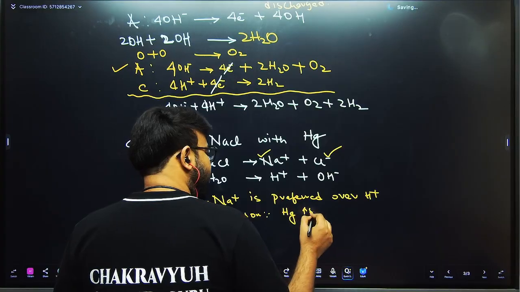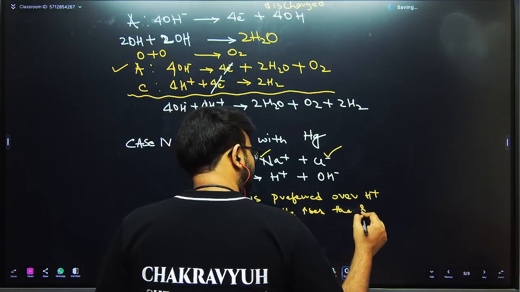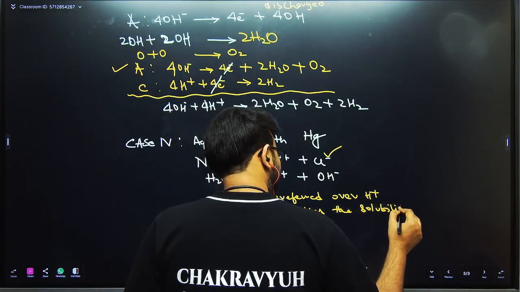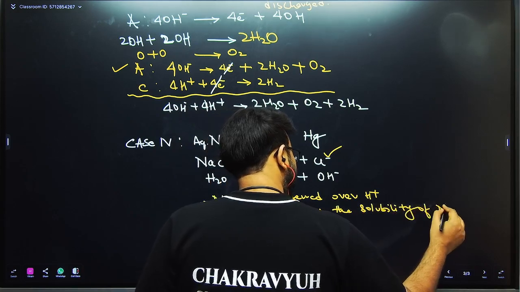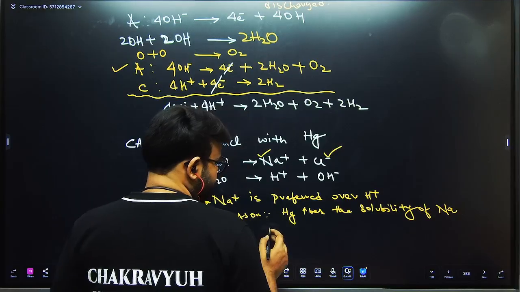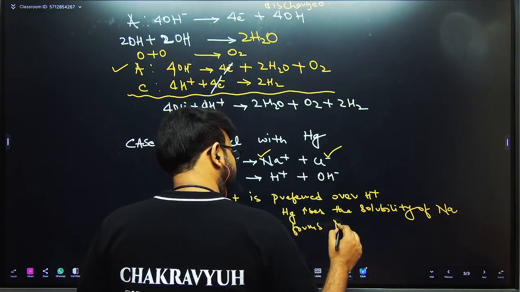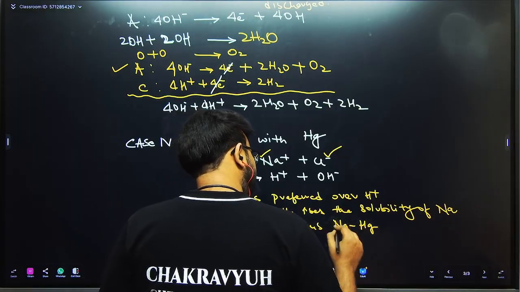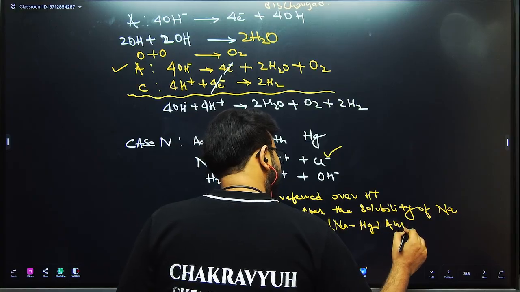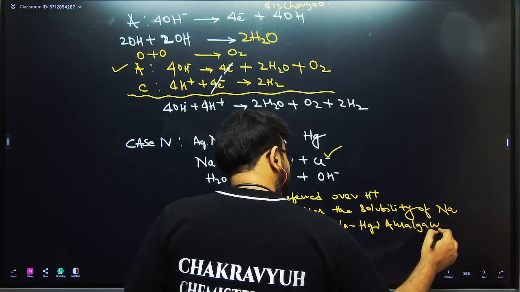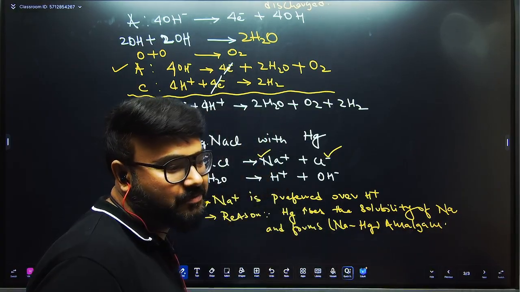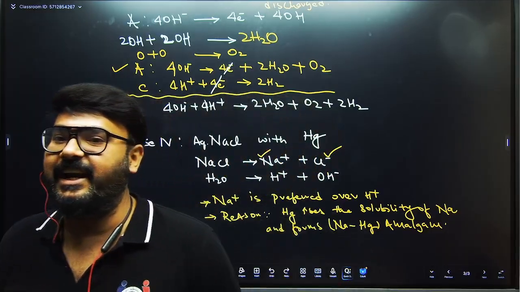Hg increases the solubility of Na and forms NaHg alloy that is called as amalgam. This is the modified form of Kastner-Kellner cell.